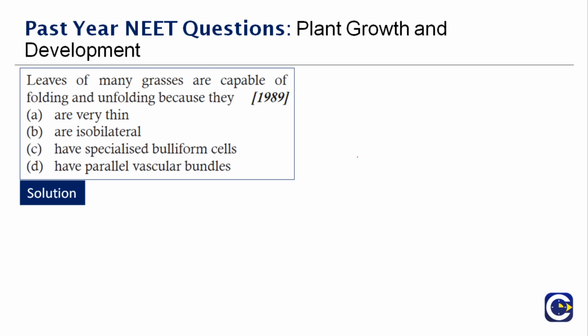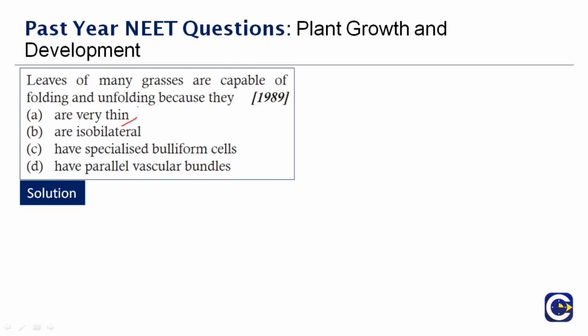So obviously it is not because they are very thin, though we tend to pick that because we know how a grass leaf is. You must have seen it's so thin, but if it is too thin, it cannot unfold back, right? Once it is folded, you cannot get that form back. So it is not option A. Isobilateral again is not the answer.